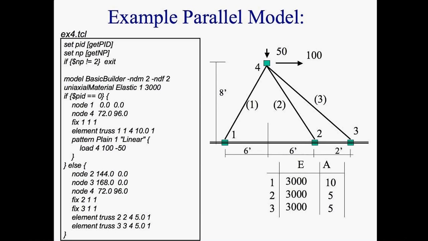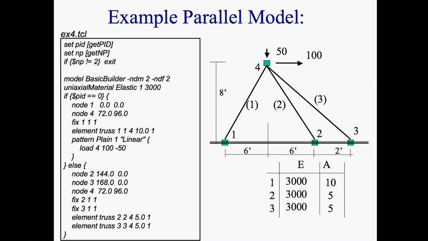So if I'm processor 0, I put nodes 1 and 4, and element 1 on process 0, and I also put the load at node 4 in the load pattern. That goes into process 0. And on process 1, I put the other nodes and the two other elements. The important thing to note from this example is that I do not redefine the load pattern.